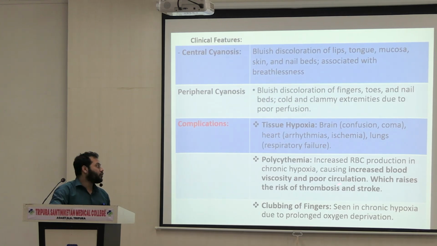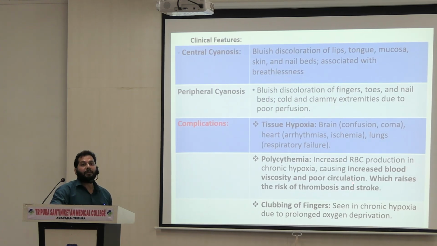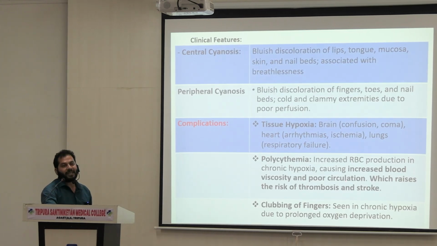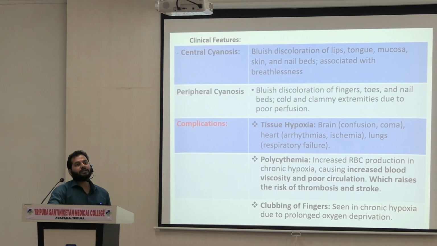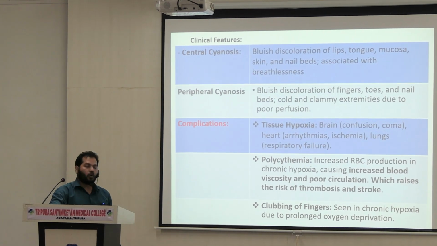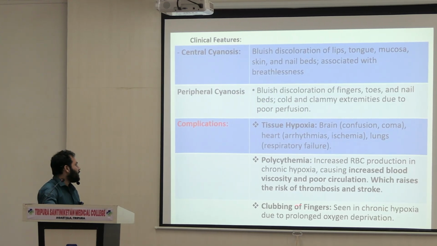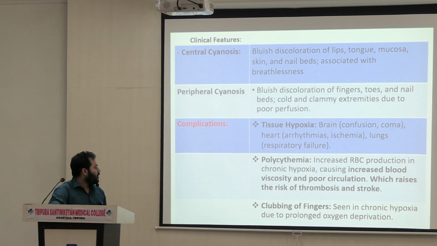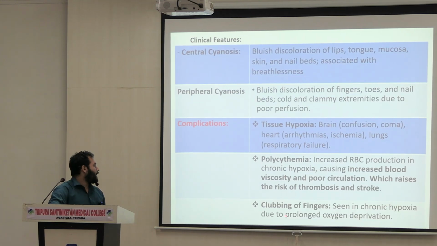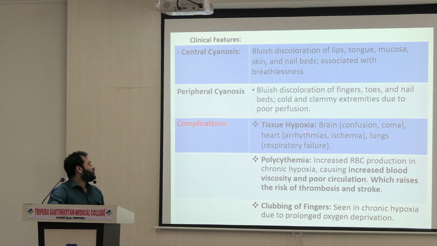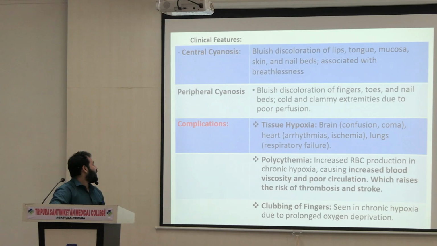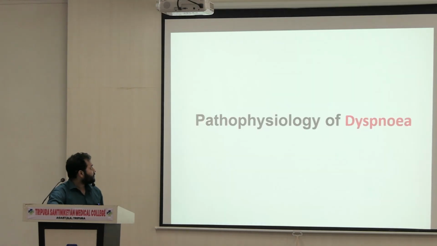So viscosity negatively impacts the circulatory rate, which raises the risk of thrombosis, and if there is a thrombosis, there is a high chance of stroke. And in some cases, clubbing of fingers is common. It is seen in chronic hypoxia, and it is due to prolonged oxygen deprivation. So these three are the most important types of complications related with cyanosis.